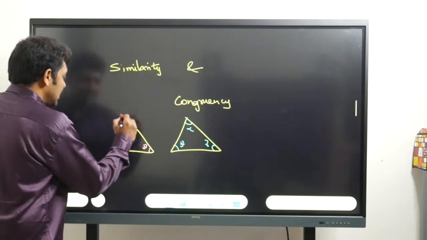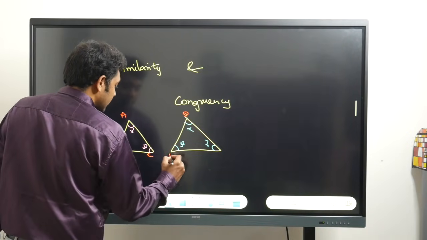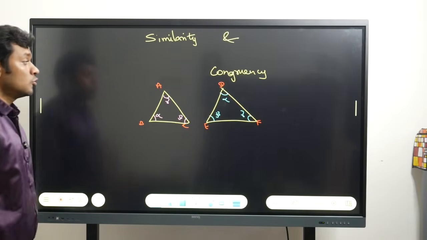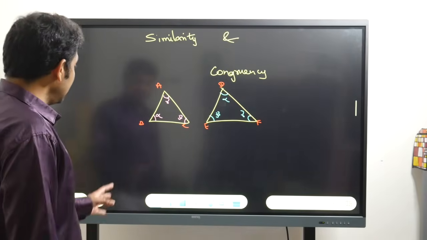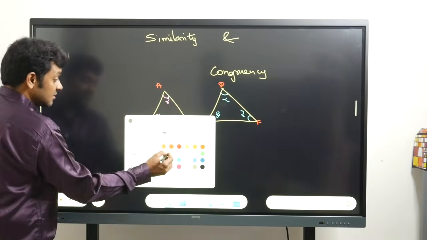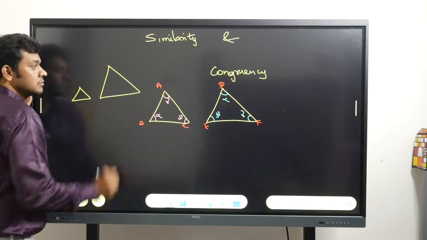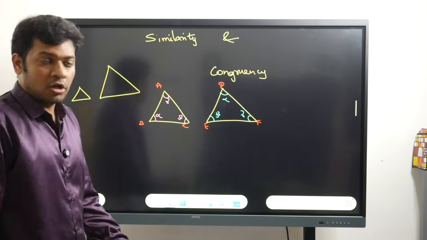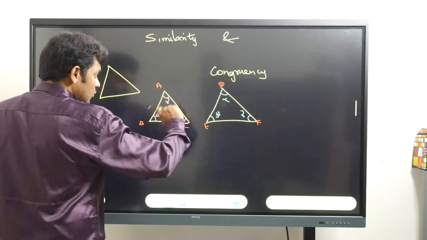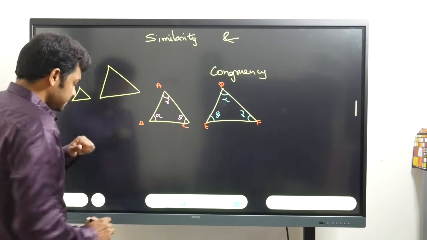Say this triangle is ABC and this triangle is DEF. This is going to be similar. Congruency means ditto. But when I say angles are equal, remember the sides need not be equal. So this is one triangle, this is another triangle. Sides need not be equal, but the angles are equal, right? So these two triangles are similar. Angles are equal. I didn't comment about the sides.